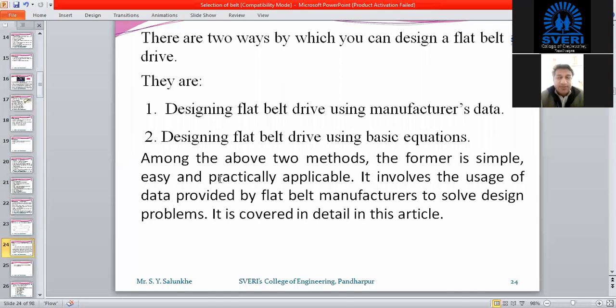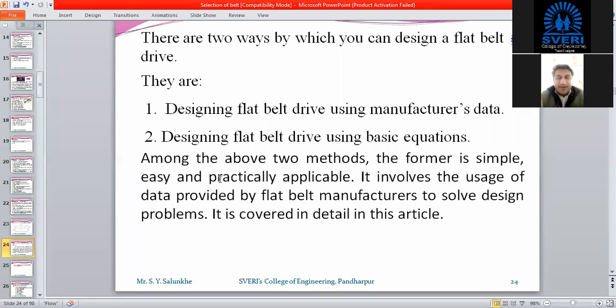Now, what do you mean by catalog? Catalogs are nothing but the products which are manufactured by a certain company. If they are mentioned in a scientific way in some books, they are called a catalog. You might have seen catalogs of bearings, catalogs of belts, and catalogs related to some other products also.